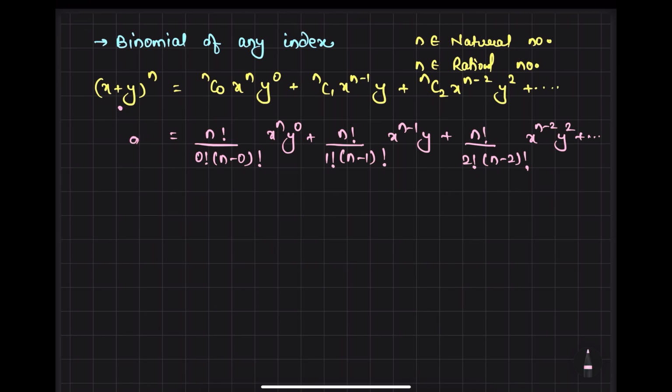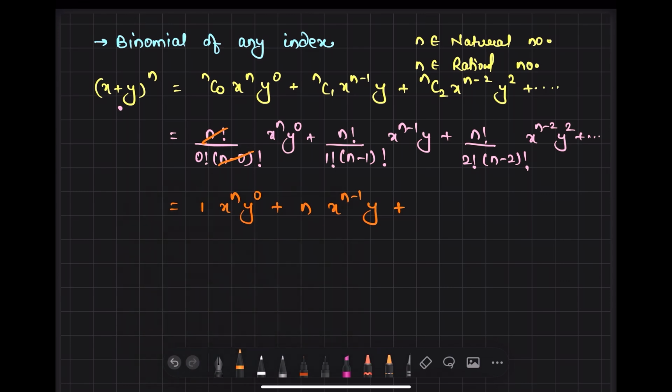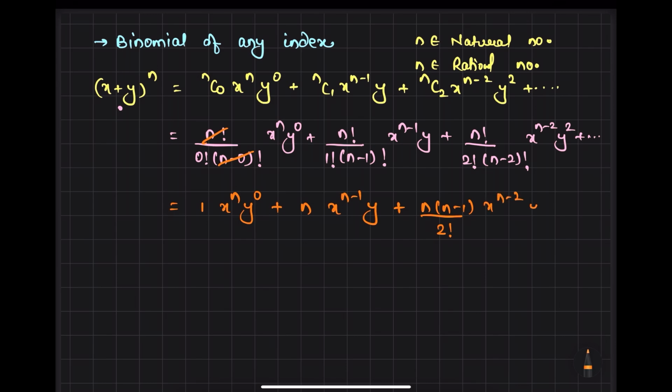So suppose I am writing this. This n factorial by n factorial is 1, x^n y^0, plus n factorial by n minus 1 factorial, so the numerator is n x^(n-1) y, and then we have n into (n minus 1) by 2 factorial, and then x^(n-2) y^2, correct?